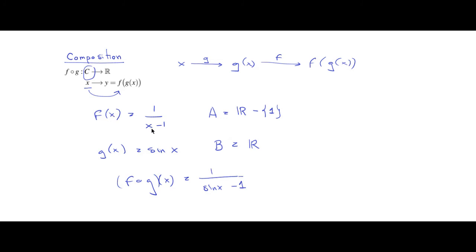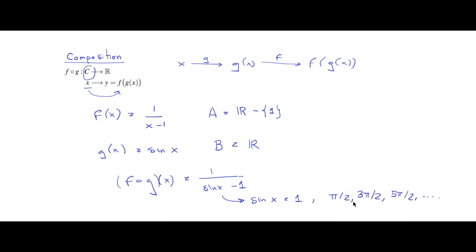Now the domain of this function is the reals except the points that make the denominator 0, which are where the sine of x is 1, and this is pi over 2, 3 pi over 2, 5 pi over 2, and so on.